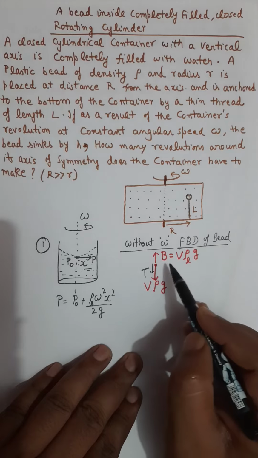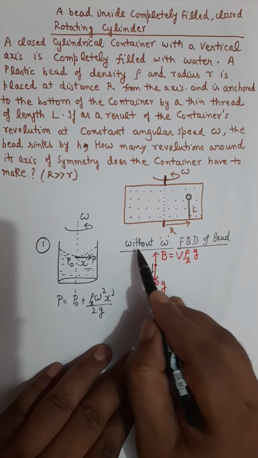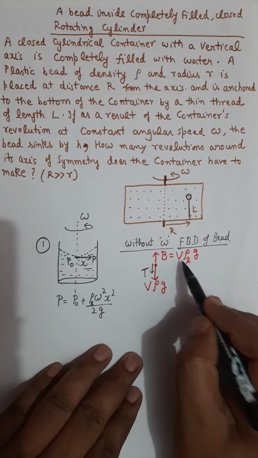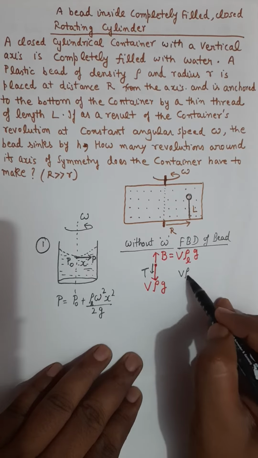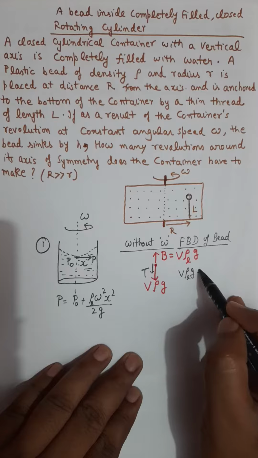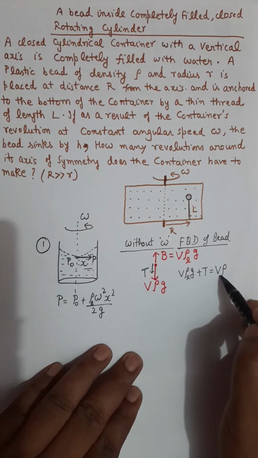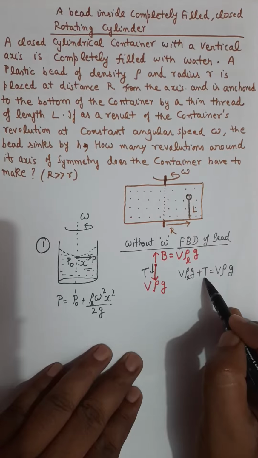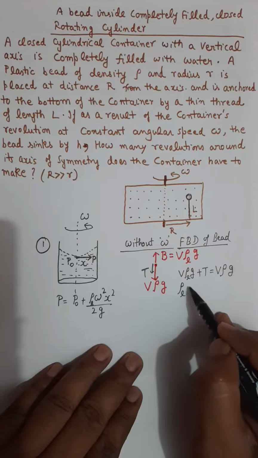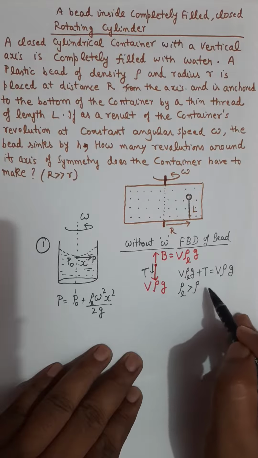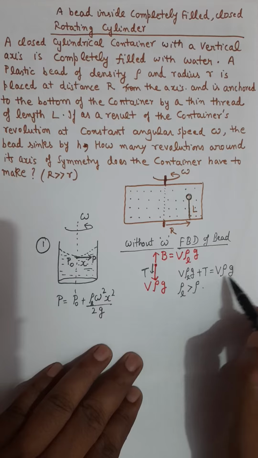So under equilibrium without omega, you will write V rho of liquid times g plus capital T equals V rho of bead times g. And for T to be a positive value, it is obvious that the density of the liquid is more than the density of the material of the object. That's obvious.